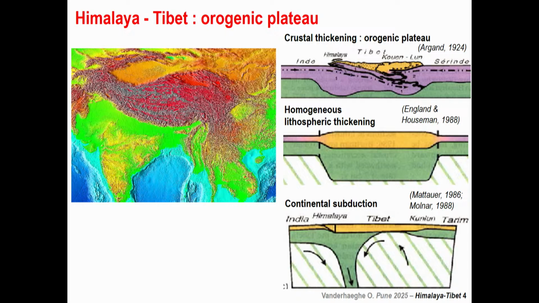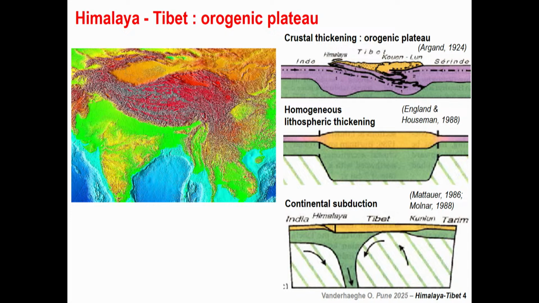Then several tens of years later, we have the homogeneous lithospheric thickening model, which was proposed after the indentation, the punch model, rigid indentation of India into Eurasia.